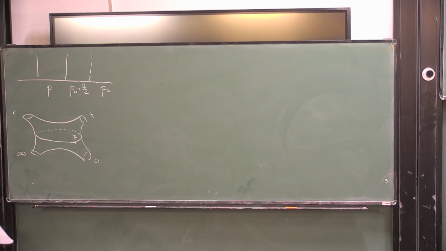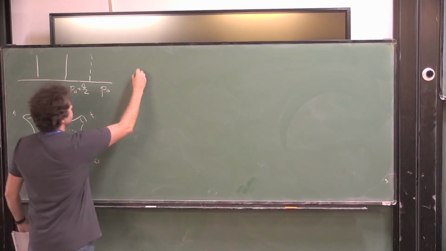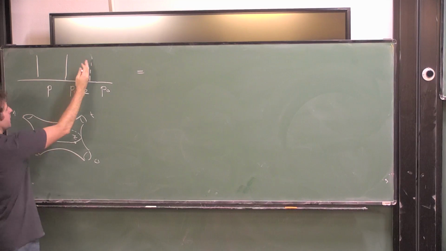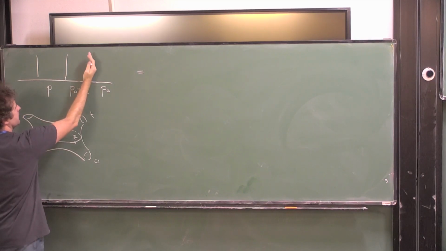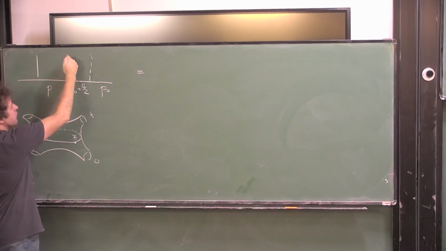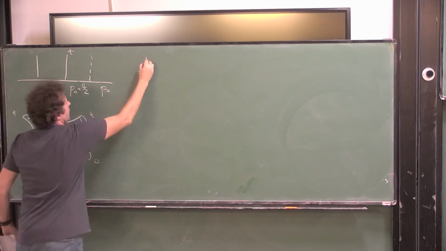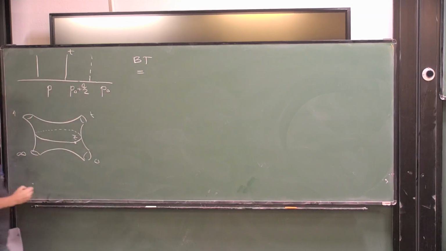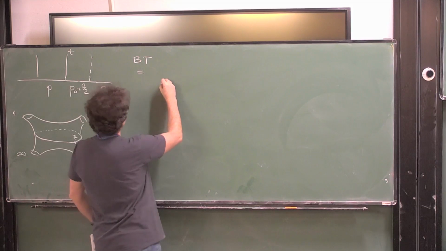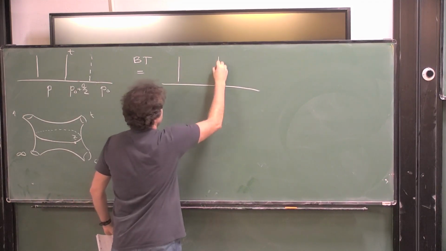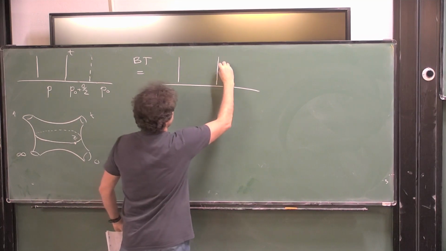Okay. So what do we have to do? Well, first of all, we can make a fusion transformation to move this degenerate leg to this leg over here. So here we have t. And we will also make a braiding transformation so that this becomes a linear combination of two blocks.